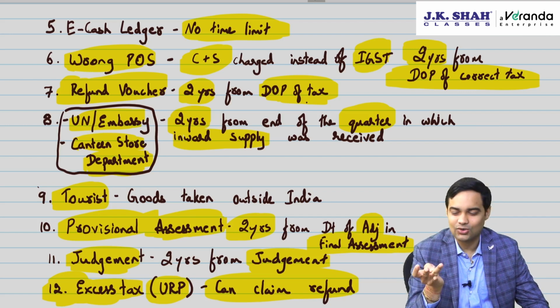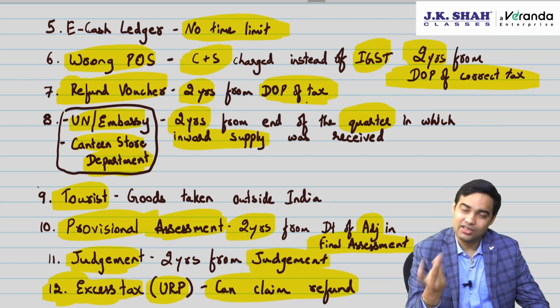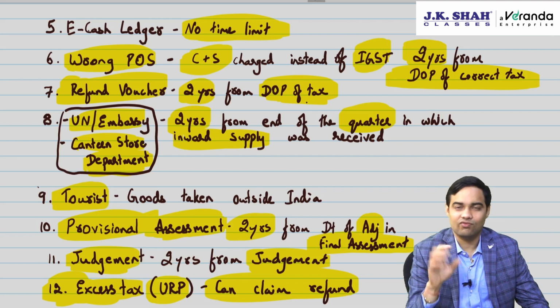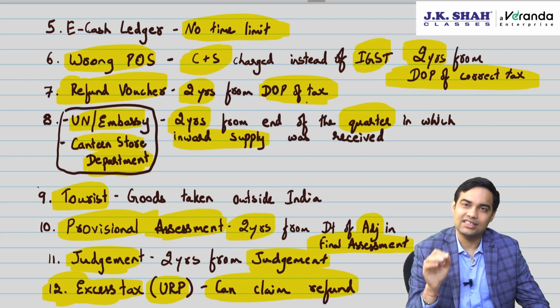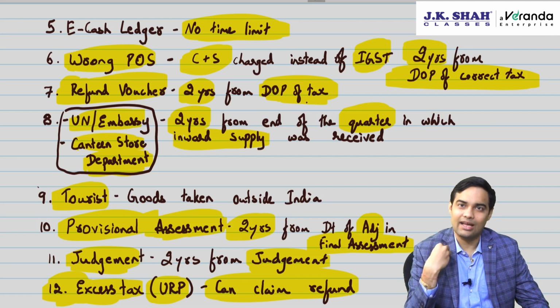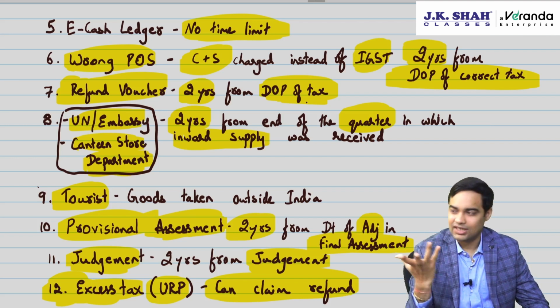E-cash anyway is not required to prove. Export with payment or without payment, I am not required to prove that I have unjustly enriched. All other cases I have to prove that I have not unjustly enriched myself and I have borne the tax, so I am eligible for a refund. This is what the law provides.